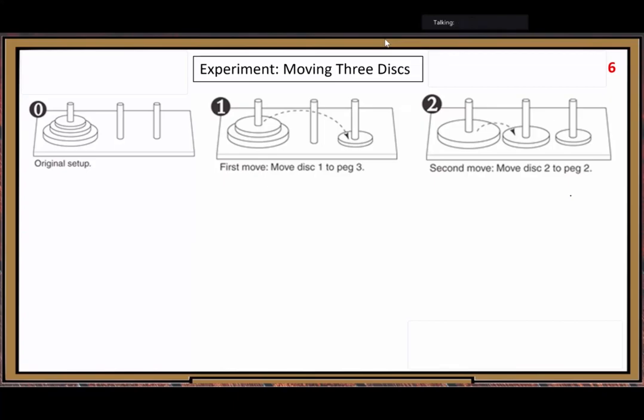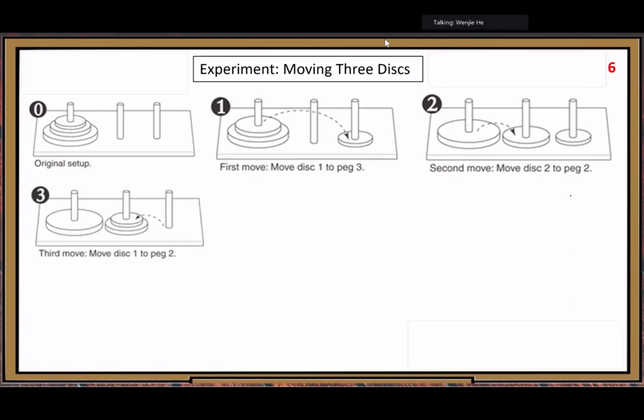So the third move, you can only move one of the two disks. So our third move, we move the smallest disk back on top of the second smallest disk. That's allowed.